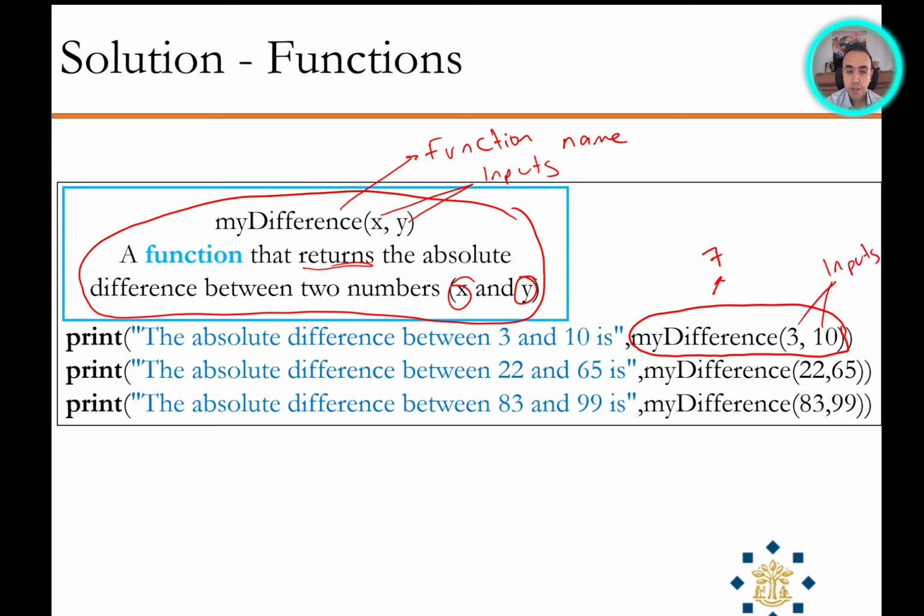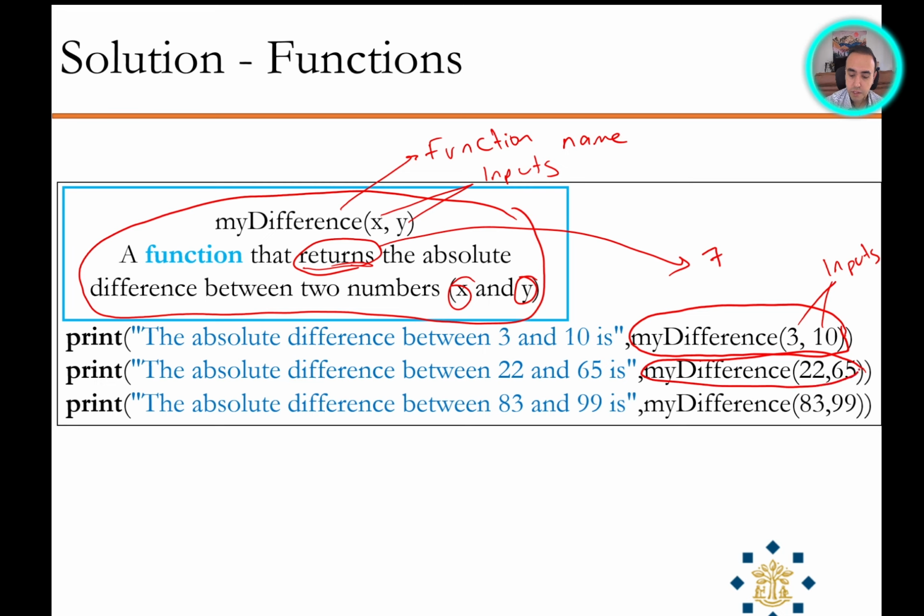And we were told that this function returns us 7, the absolute difference between 3 and 10, as a result.